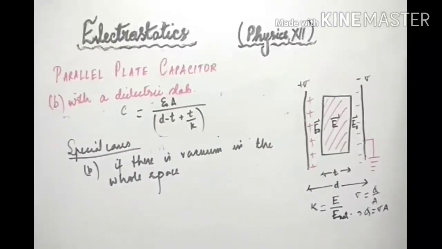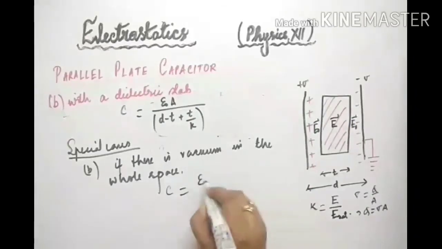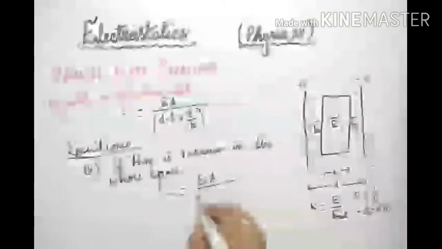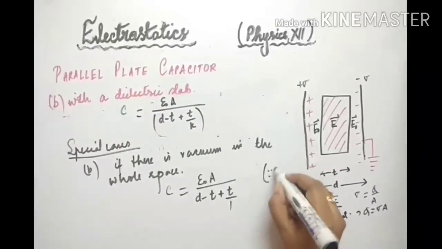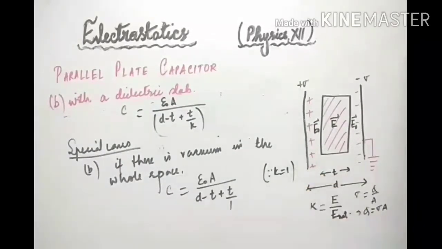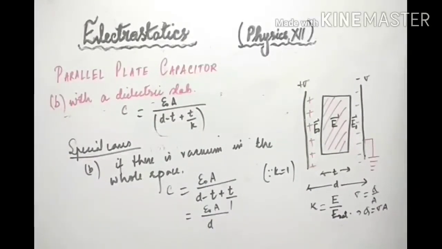For vacuum, K's value is 1, we know. So we can write epsilon naught A by d minus t plus t by 1, since K equals 1 for vacuum. So what we will get? Epsilon naught A by d. That is, here we get the case similar to the case without a dielectric slab in between the parallel plate capacitor.